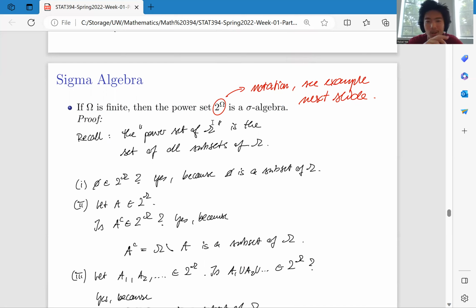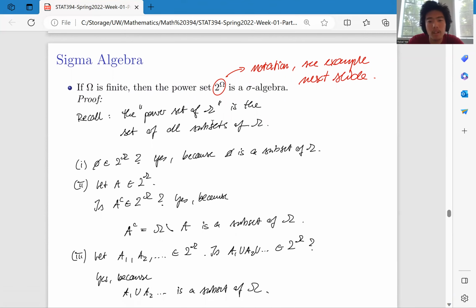It is written as 2 to the power of omega. This is the power set, and we'll start the proving process. So the first question is to ask if the empty set belongs to this one. And that's an obvious question because the empty set is a subset of any set. So that is proved.